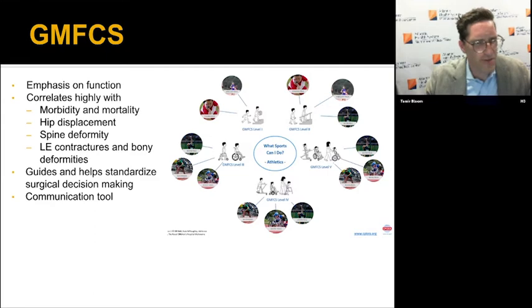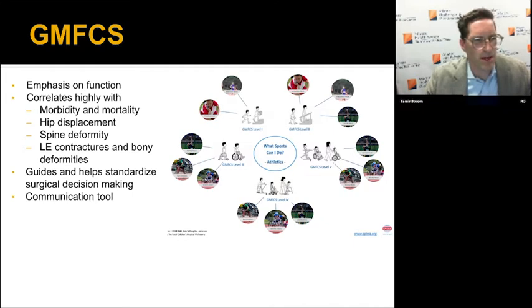And the GMFCS correlates highly with morbidity and mortality, as well as other orthopedic issues that we are concerned about, such as hip displacement, spine deformity, contractures of the upper and lower extremities, as well as bony deformities, as we'll talk about.